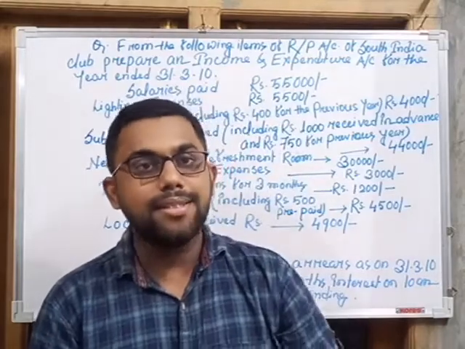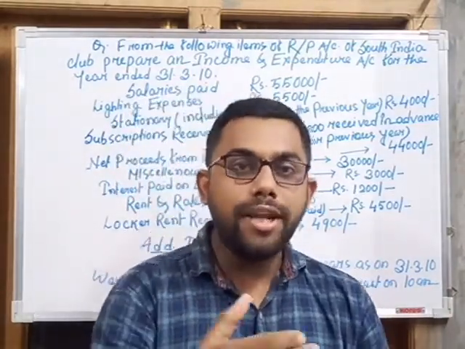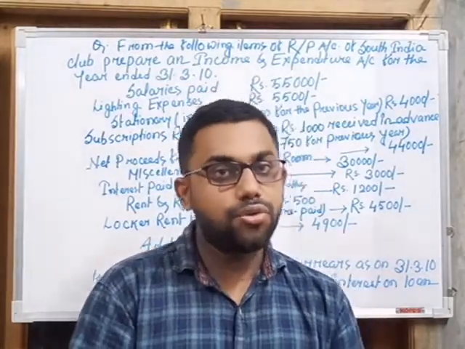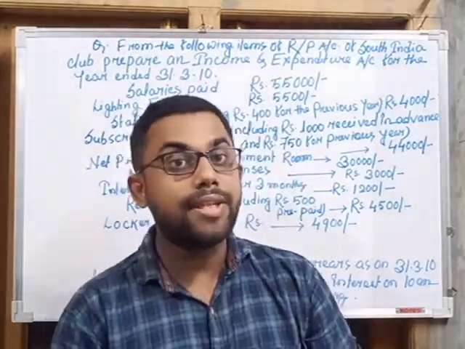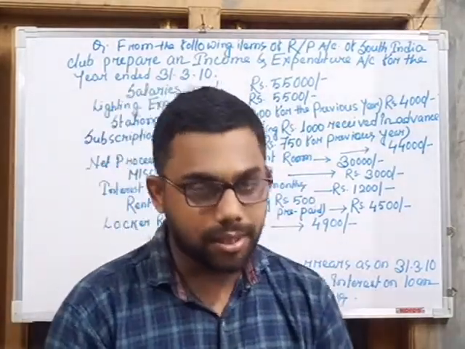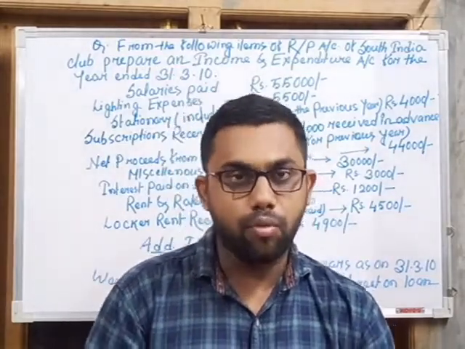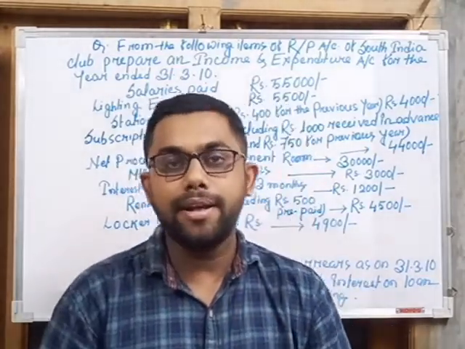Whereas the salary is the payment that is made by the not-for-profit organization to any staff of that organization, so it is an expense for the organization, so it will come on the expenditure side. Okay, so in today's class, we are going to solve one question from income and expenditure account.